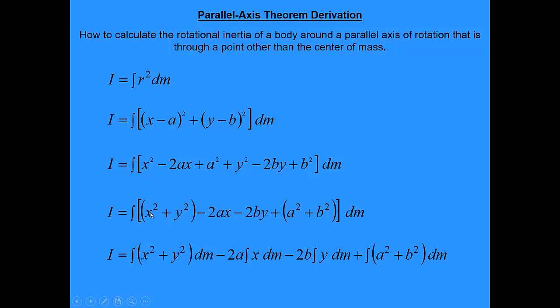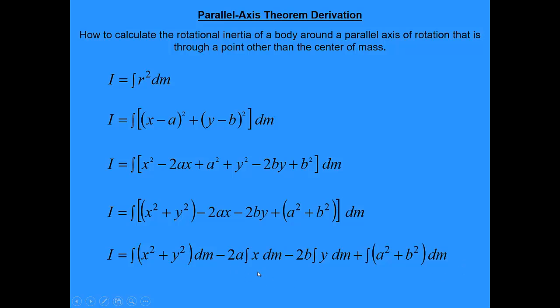So this is the integral of x squared plus y squared with respect to mass, minus, now I pulled the 2a outside because it's a constant, so I'm doing an extra little step here. 2 and a are constants. And so that's 2a times the integral of x with respect to m. Pulled out the 2b because those are constants, so minus 2b integral of y dm plus the integral of the quantity a squared plus b squared with respect to mass.